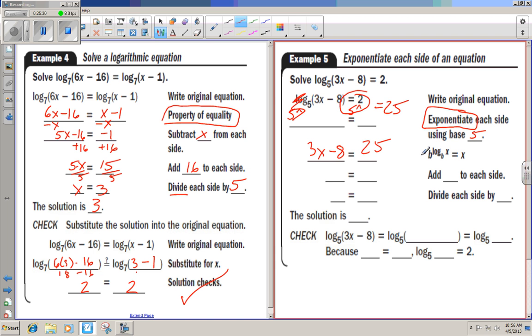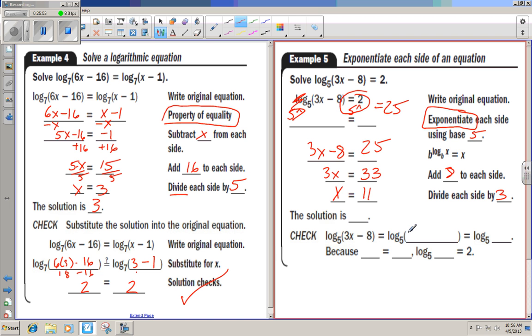And basically, instantly, this ugly looking equation has become an equation that you've been solving since middle school. Add 8 to both sides, divide each side by 3, and you get 11. You should always check your answers.